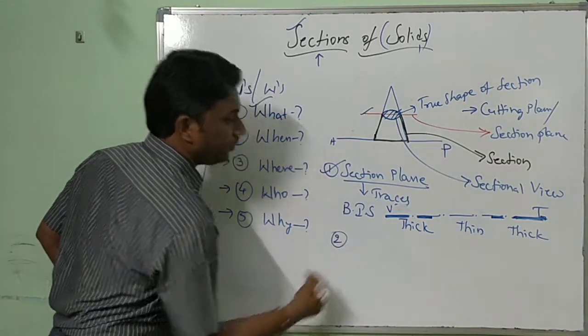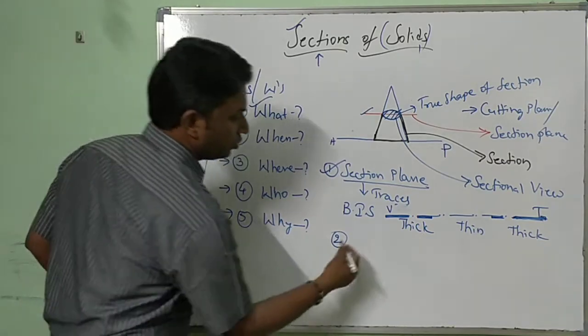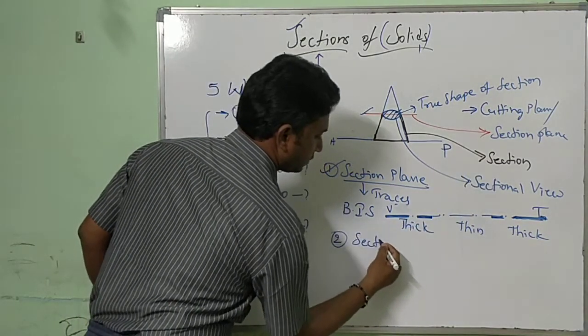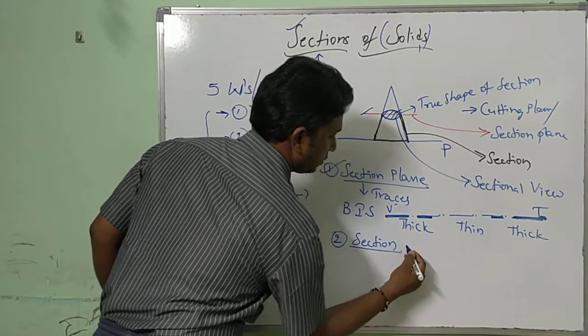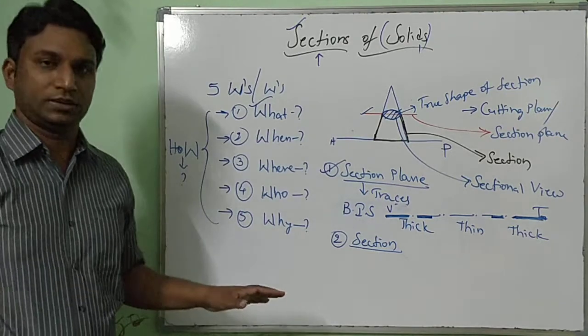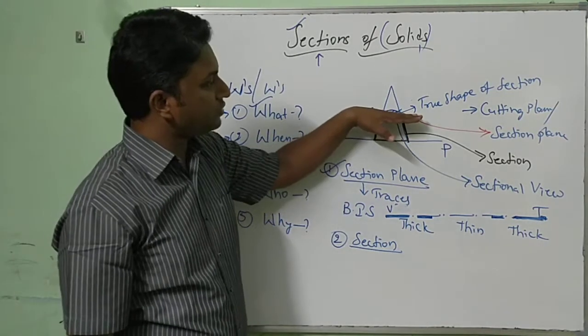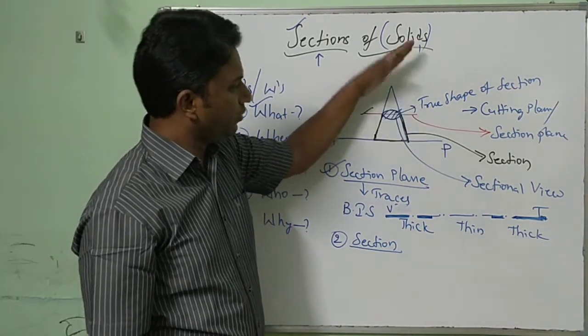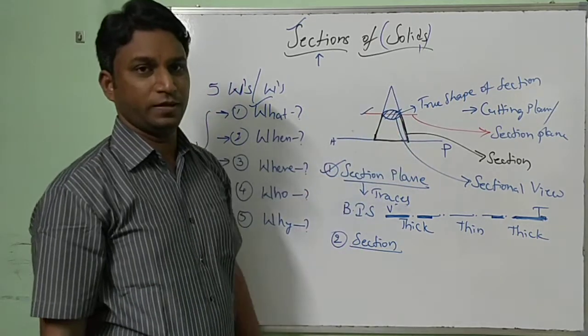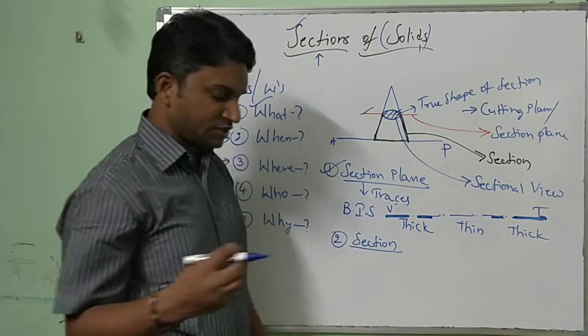Now, the second important thing which you have to remember is the section. Section is nothing but the divided part. As an example, when I showed you the cone, removing the top, the bottom part, how to show this section? It's simple.